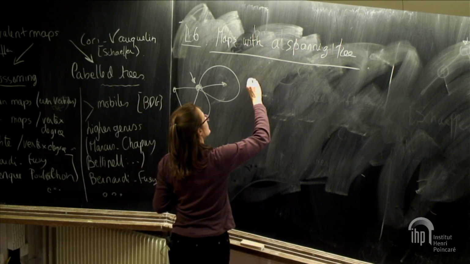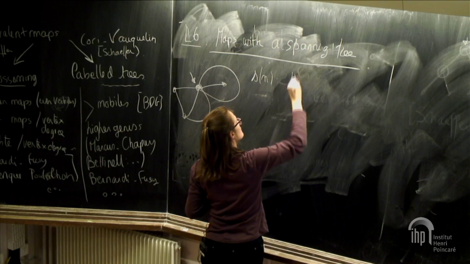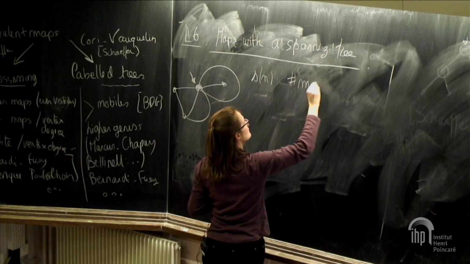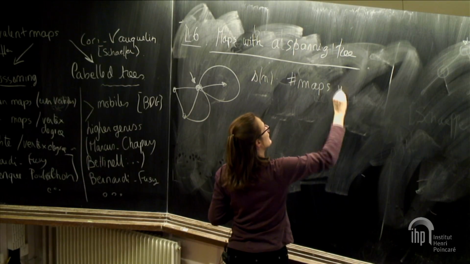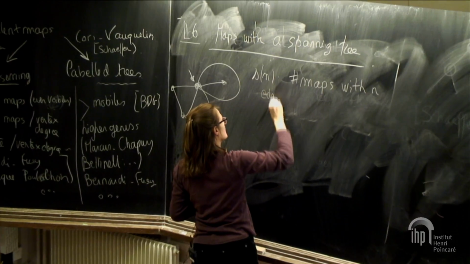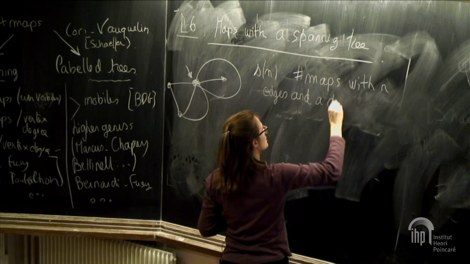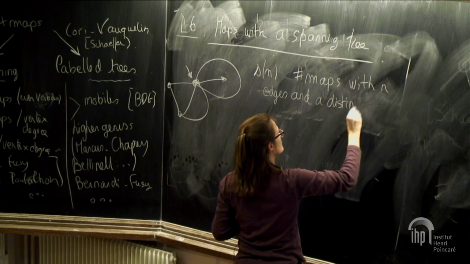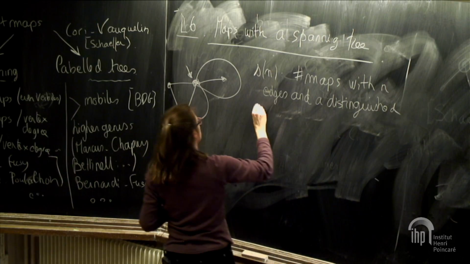And I call, say, S of n the number of planar rooted maps with n edges and a distinguished spanning tree.